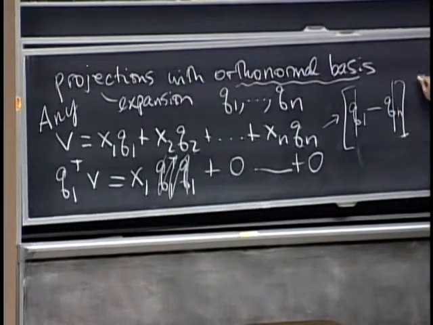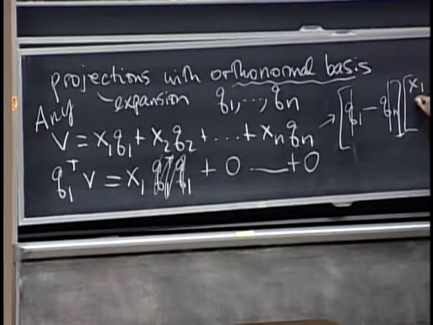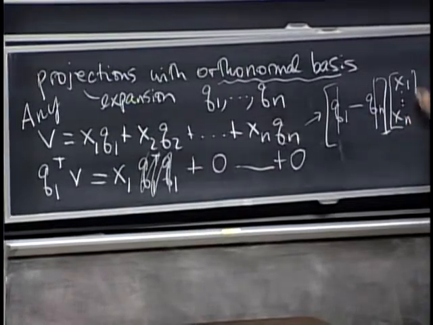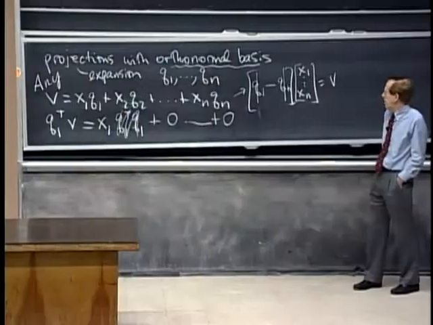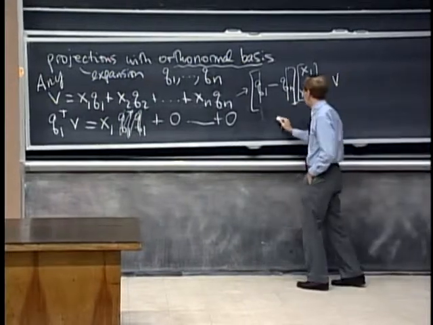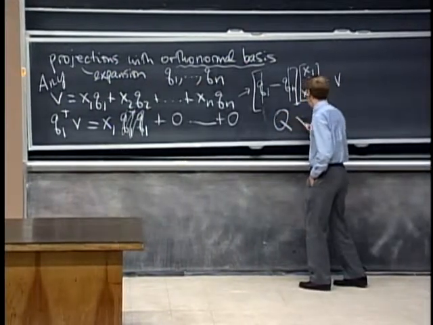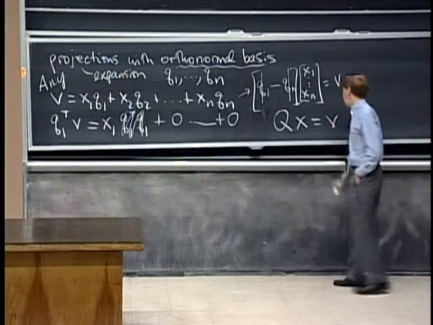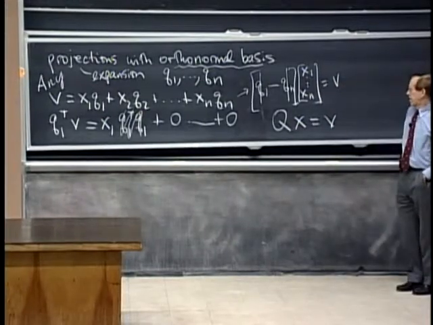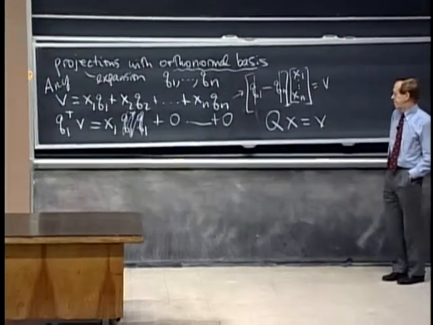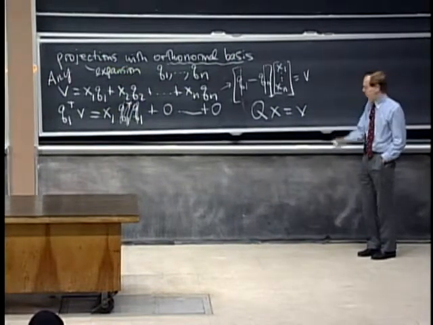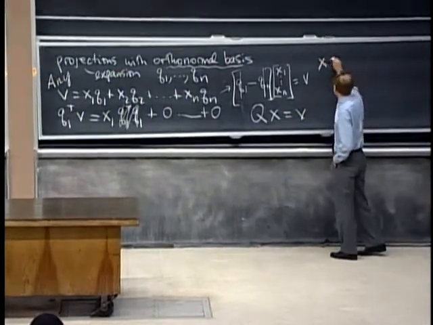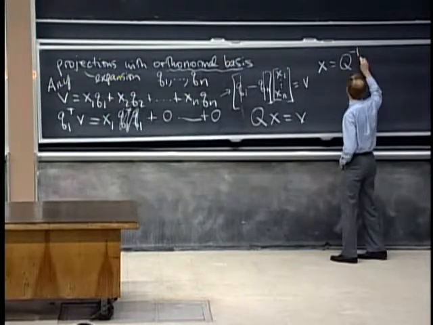I'm taking those columns times the x's and getting v, right? That's the matrix form. Okay, that's the matrix Q. Qx is v. What's the solution to that equation? Of course, it's x equal Q inverse v. So x is Q inverse v, but what's the point?